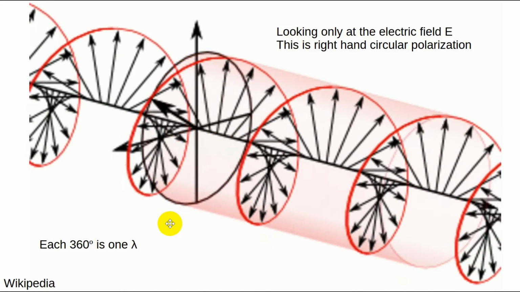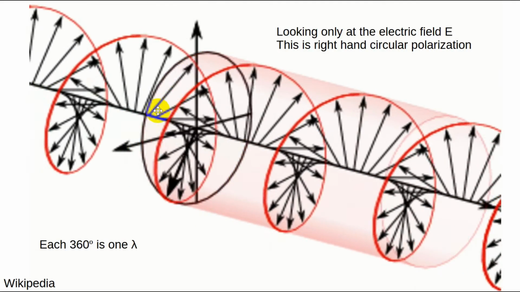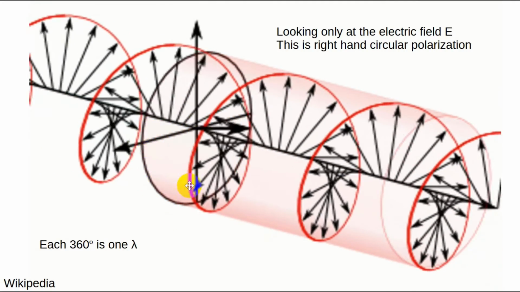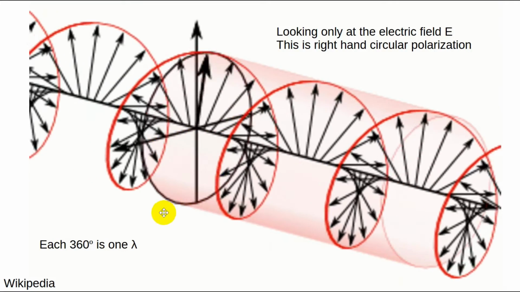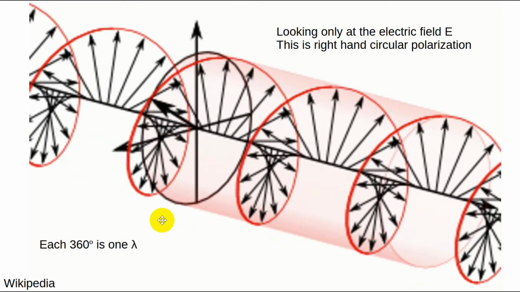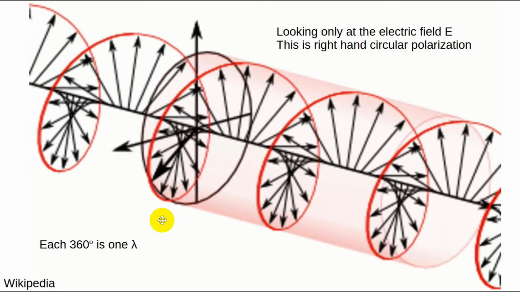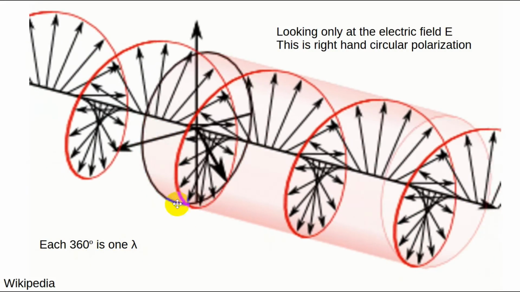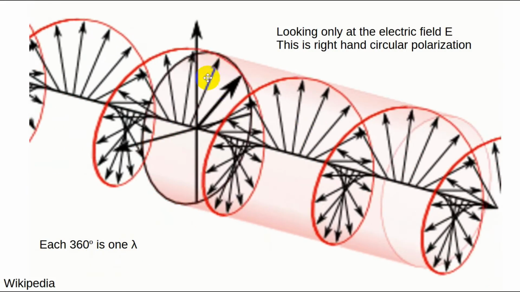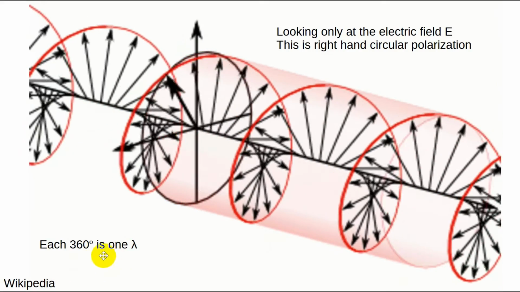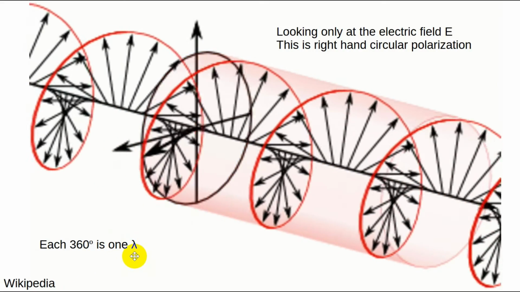What this is doing is constantly changing the polarization of the wave, but there is a particular way to do this. A complete wave, taking you back around to the beginning, is 1 wavelength.